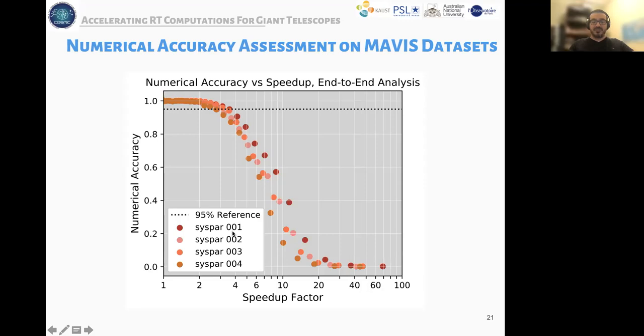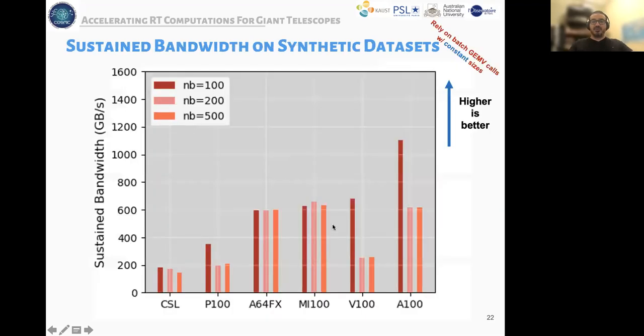I'm comparing 4 different system parameters, and it turns out that I can get basically a 3 to 4 speed up factor while maintaining a proper accuracy of the application. Of course, when I go beyond a certain accuracy, I may get a better speed up, but the accuracy then drops significantly.